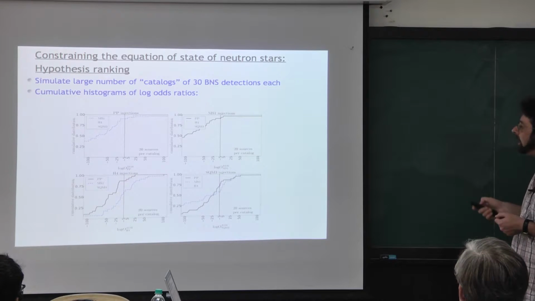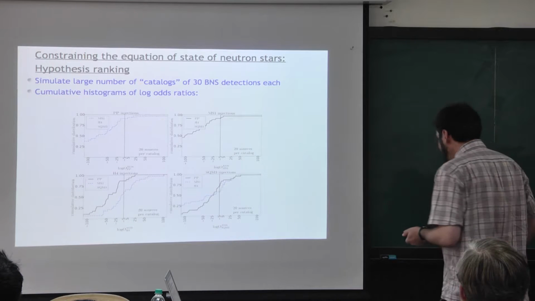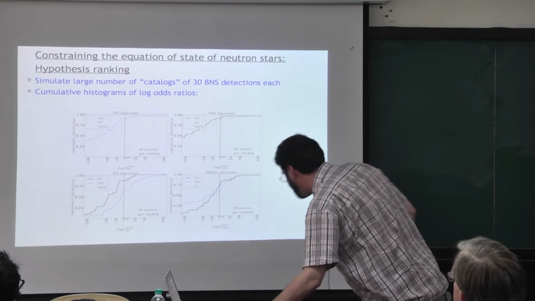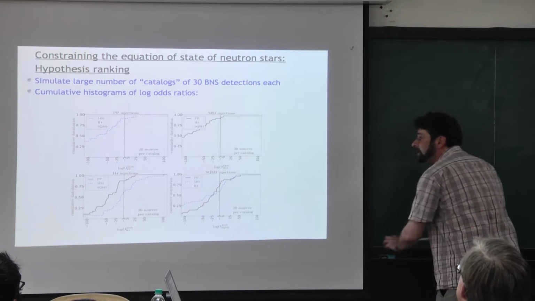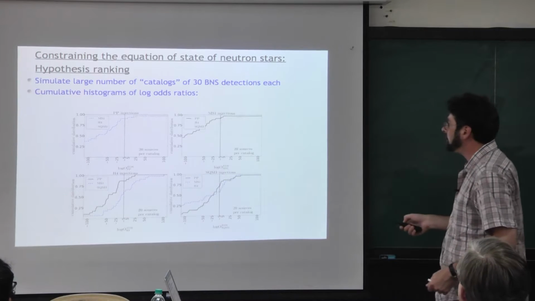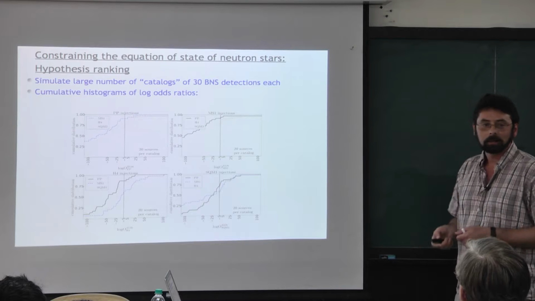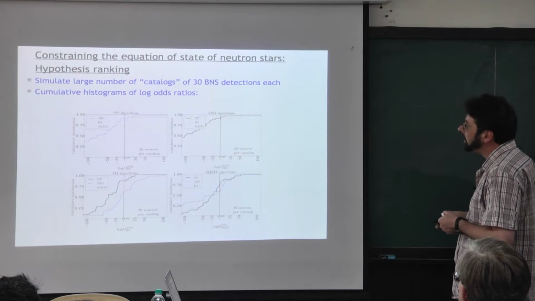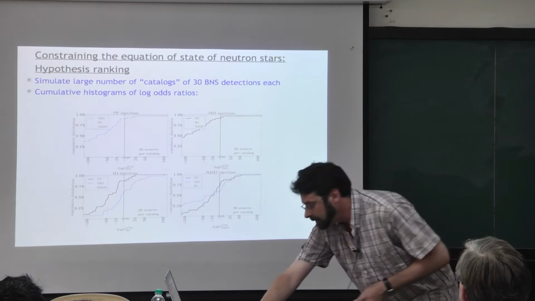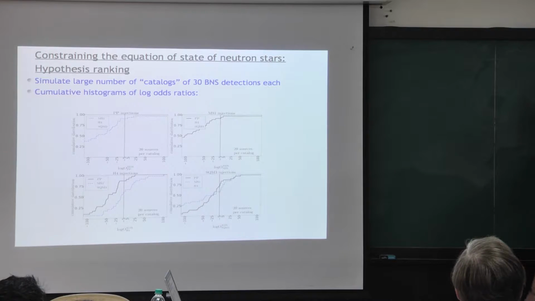But the idea is that 30 detections is what we will have to work with, and we combine evidences from those. Now, again, you can't see things very clearly because of these pale colors, but let me first explain what you're seeing here. In the top left panel, we injected the point particle equation of state, quote unquote, and then we computed the following Bayes factors, or rather odds ratios.